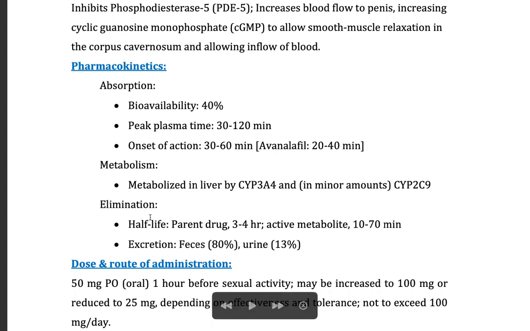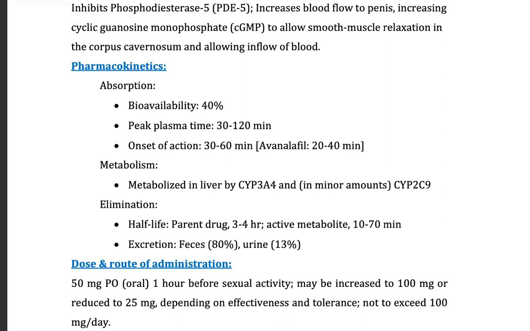Elimination: it is generally eliminated in the feces, 80%, and in the urine, about 13%. The half-life of the parent drug is about 3 to 4 hours. What is half-life?